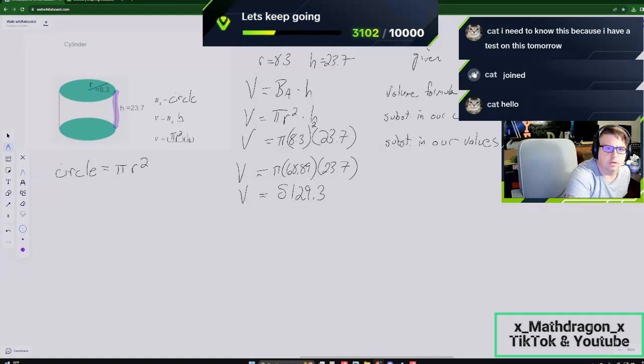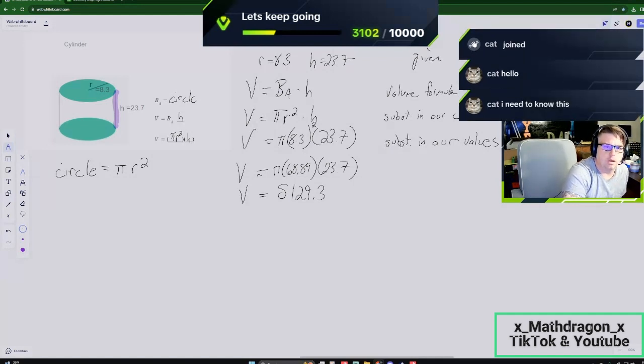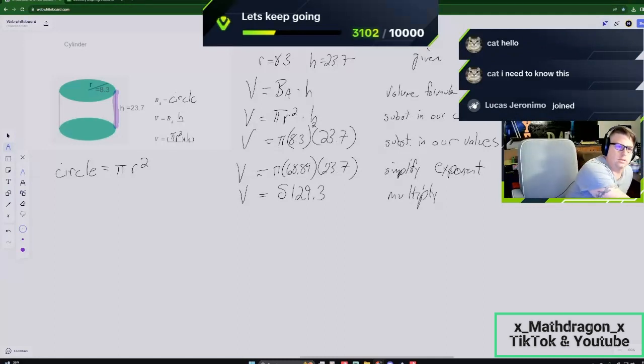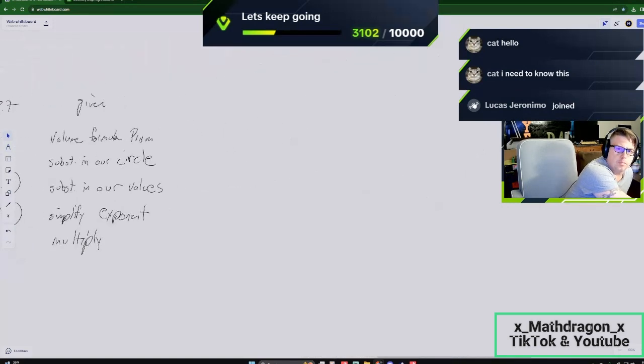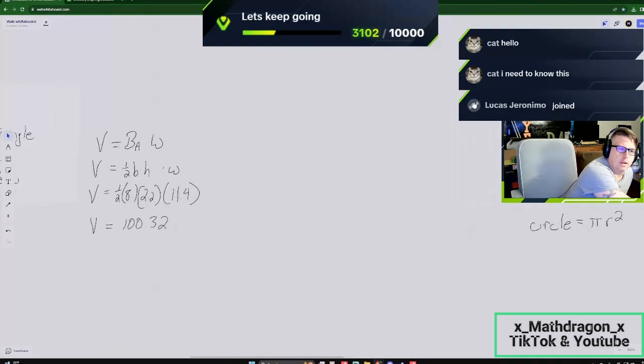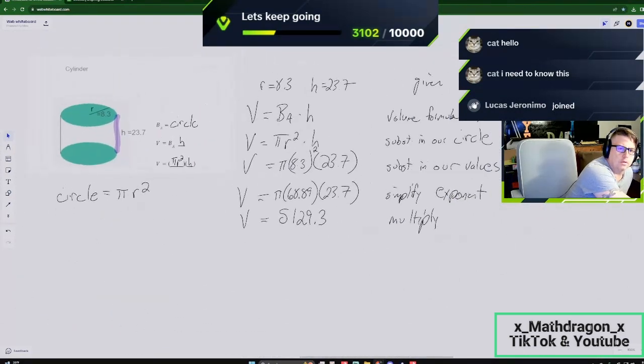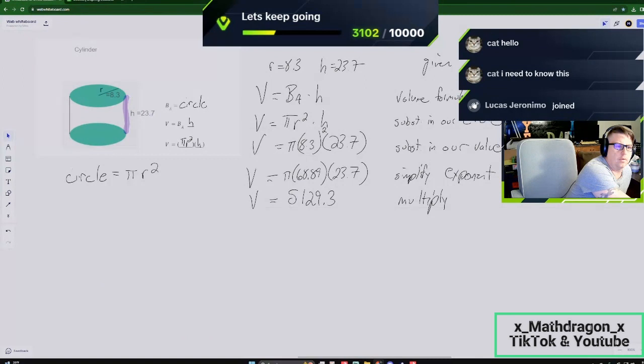That's given information because the picture tells us that. Simplify exponent. And then multiply. And once we do that, we get our final solution. Look at how fast that goes. So yeah, there's our volume stuff.